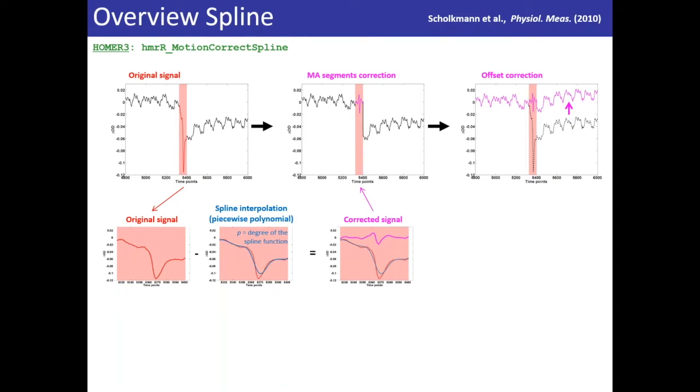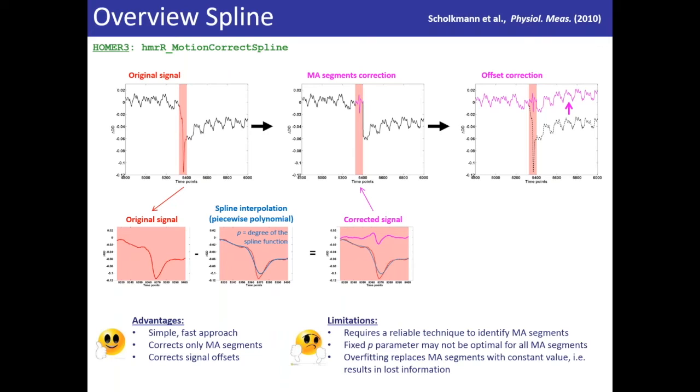So this method is really good at correcting baseline shifts, those types of motion artifacts. Just to summarize, it's a simple, fast approach, corrects only motion artifact segments, and corrects signal offsets. What is the limitation?